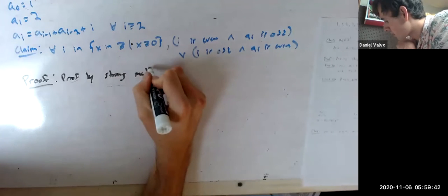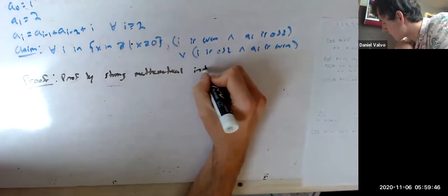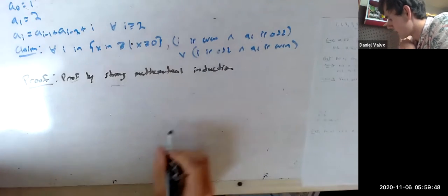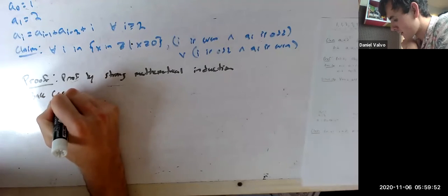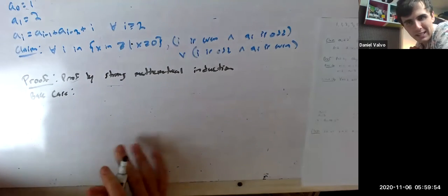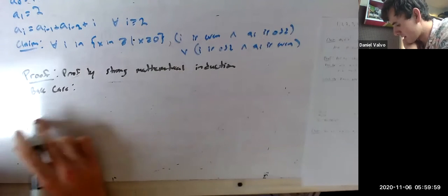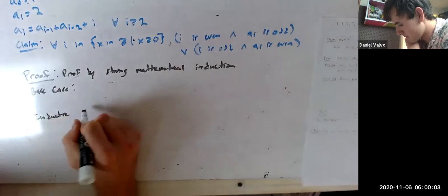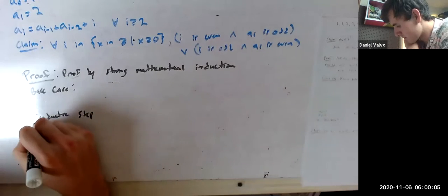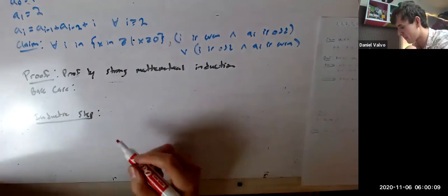Proof by strong mathematical induction. We're actually going to skip the base case and come back to it because it's a little interesting. Let's do the inductive step. So here is the inductive step.